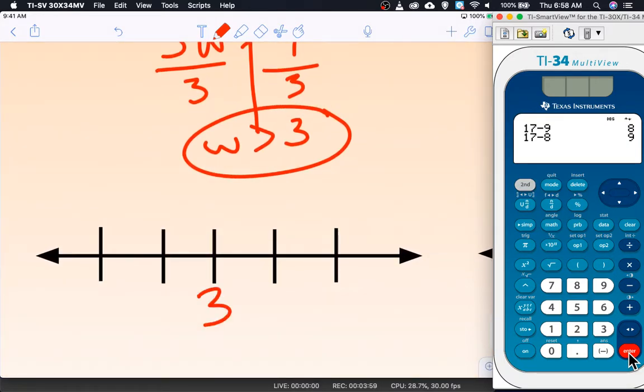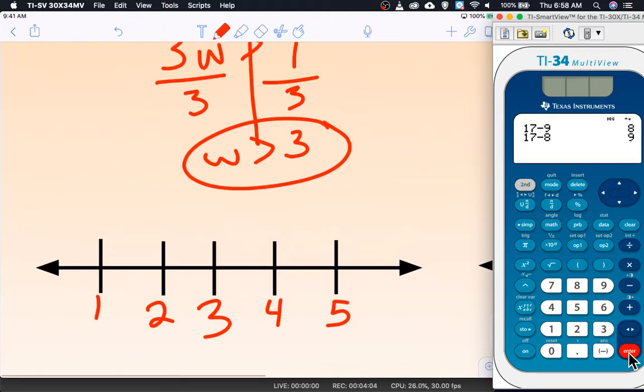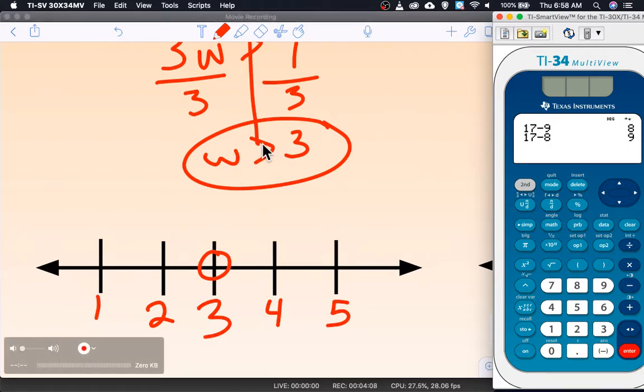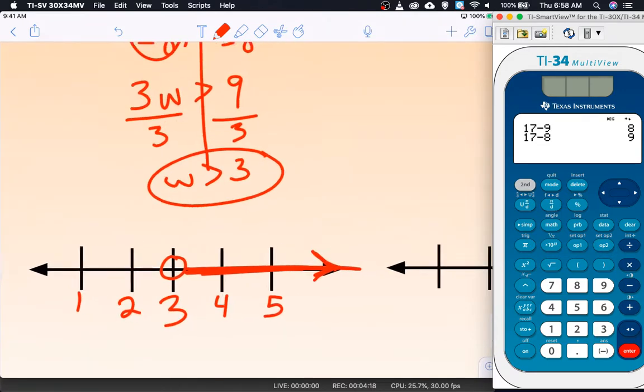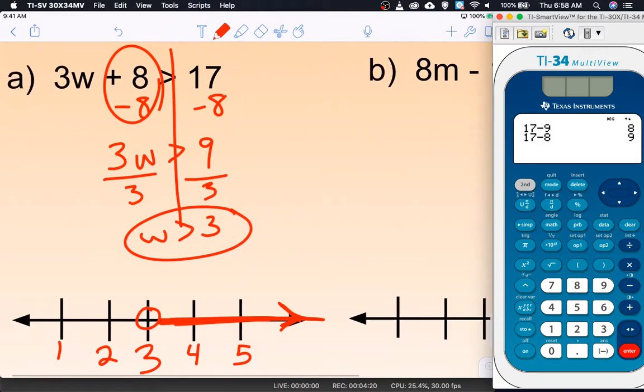So on the number line, 1, 2, 3, 4, 5. I need a hollow dot because this is just a greater than. So I'll get the hollow dot, and because it's a greater than, I'm going to shade to the right. And there we have it. First problem, done already.